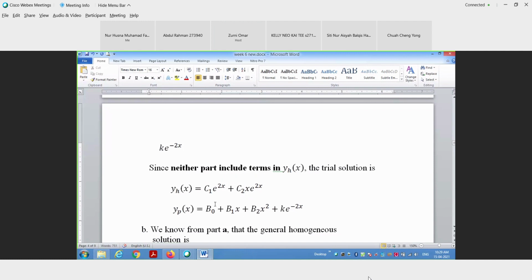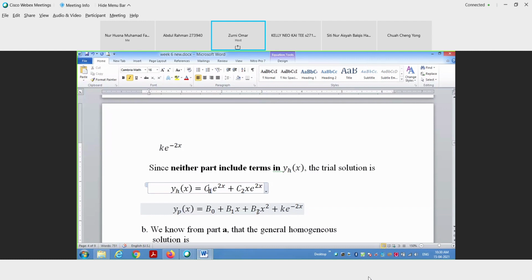So B0, compare with this. They are not in the same form. And then B1x, compare with this and this, not in the same form, but this one has exponent, this one not. And then B2x squared, not in the same term because this one has exponent, this one not.